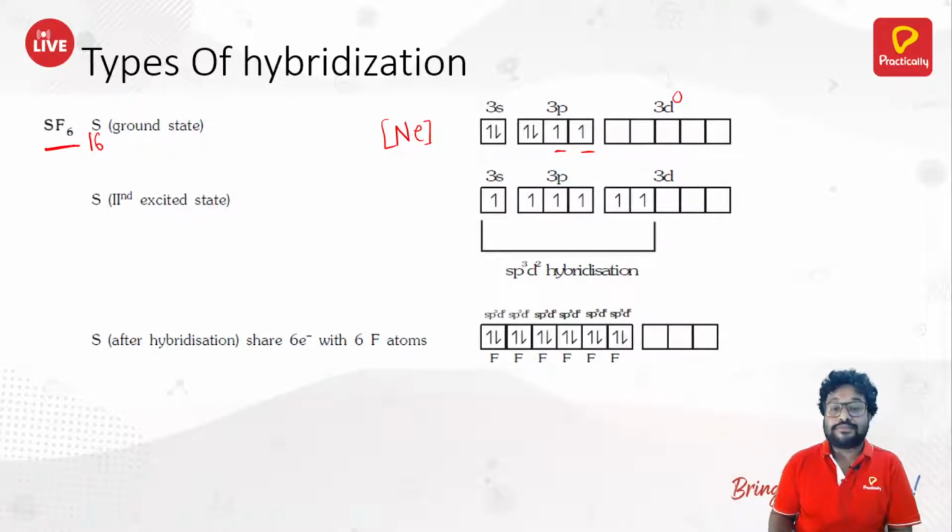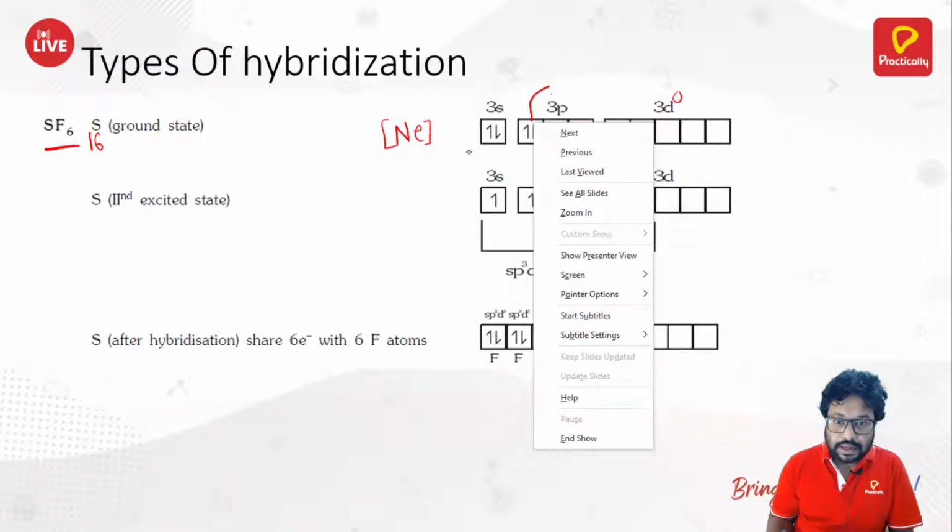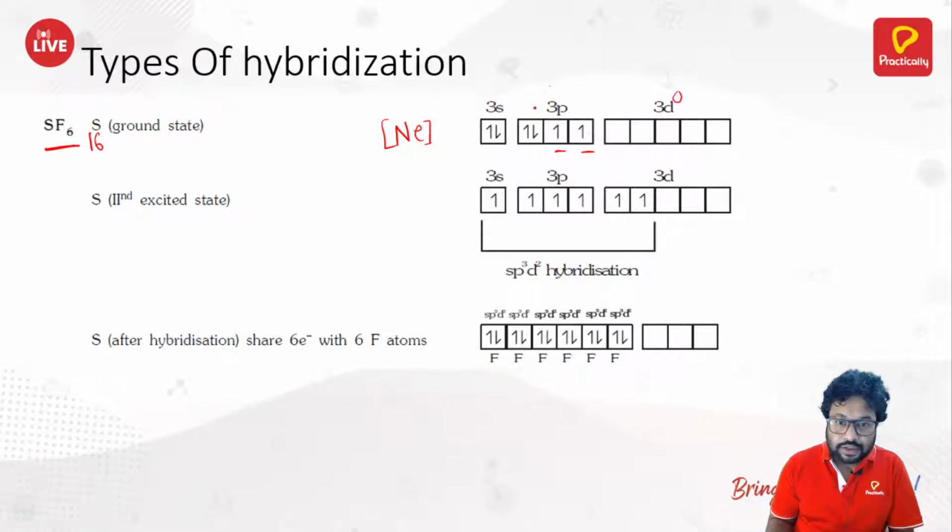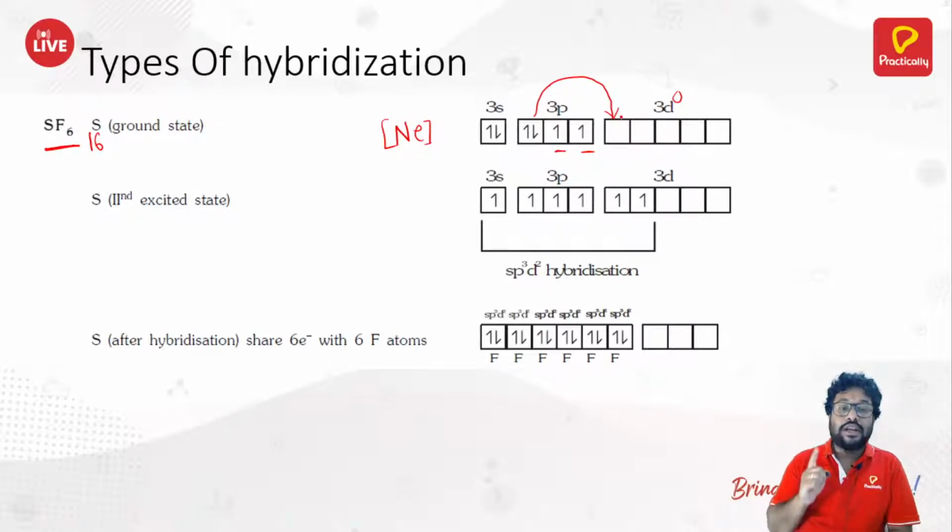It promotes this first pair of electrons in 3p. Now this pair goes from here to here. That is your first excited state. After promoting this electron, you get 4 unpaired electrons.